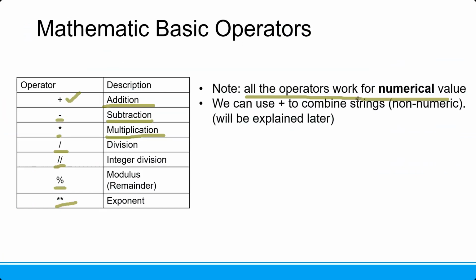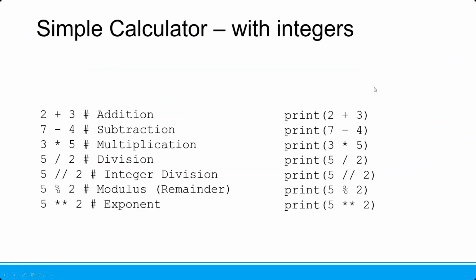We can also use plus to combine strings, which is non-numerical, but I will explain it later. So for now, let's learn these basic operators for numeric. Basically, it is the same as a common calculator.